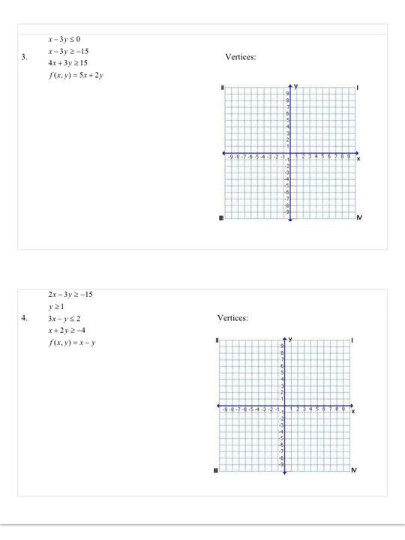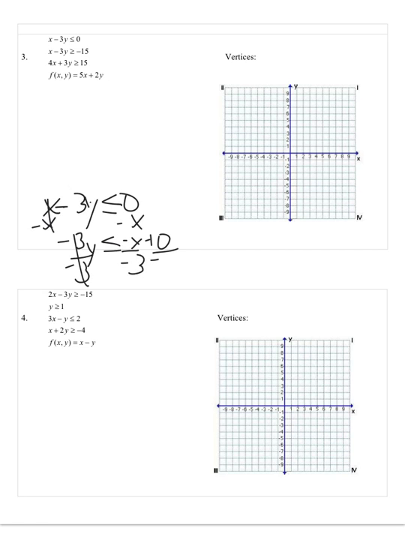It's really x minus 3y is less than or equal to 0. So if I'm going to solve, I'm going to subtract x. So negative 3y is less than or equal to negative x plus 0. We're going to divide by negative 3, divide by negative 3. So I get y is greater than or equal to, I flip the sign there, positive 1/3 x plus 0. I'm going to box that one in.